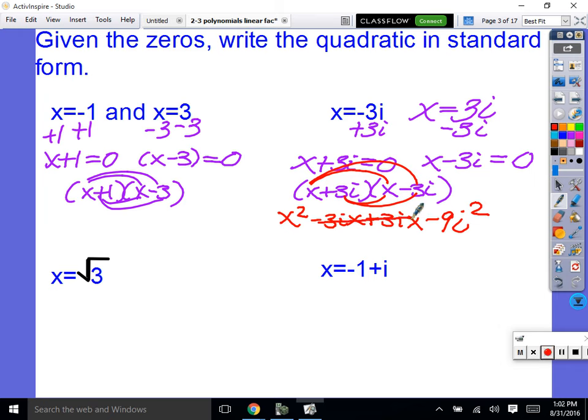Middle terms cancel out with conjugates, and they did. We have x squared minus 9i squared. So isn't that x squared minus 9 times -1? i squared is -1, so we have x squared plus 9. That's the quadratic. Well, it makes sense. Look, if you went backwards and solved it, wouldn't you end up with these solutions? Do you see how you can check your answers?